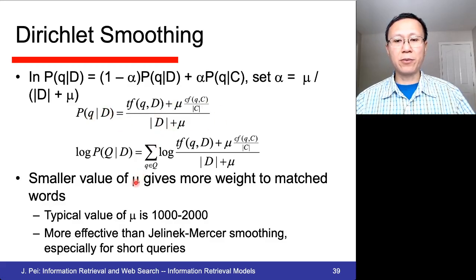The smaller the value of mu, the more weight given to the matched words, and therefore the less effect of smoothing, the same as we discussed before. Typically, Dirichlet smoothing is more effective than Jelinek-Mercer smoothing, especially for shorter queries.